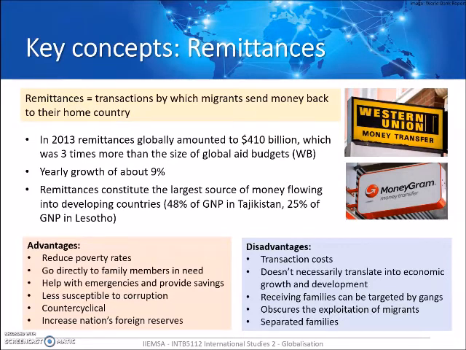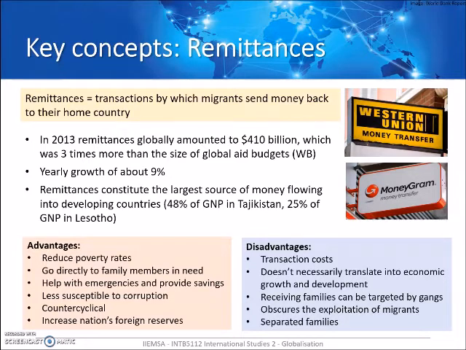It also doesn't necessarily translate into economic growth and development, at least not at a country level, right? It can translate into economic growth and development on a family level, because families might be able to build a house, they might be able to invest into a business, or buy property because of remittances. But on a national level, it doesn't necessarily translate into economic growth.